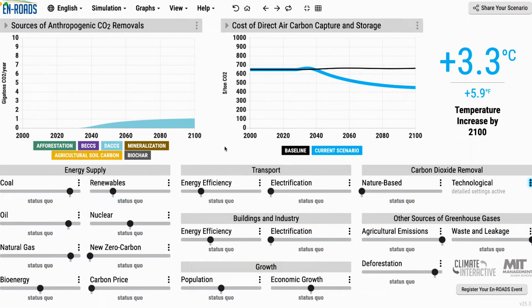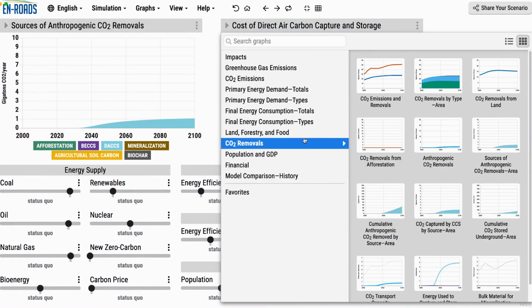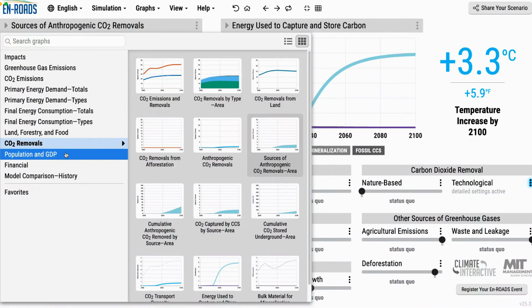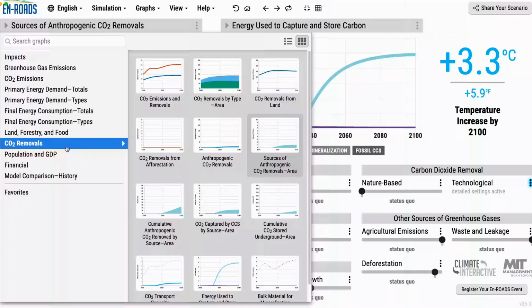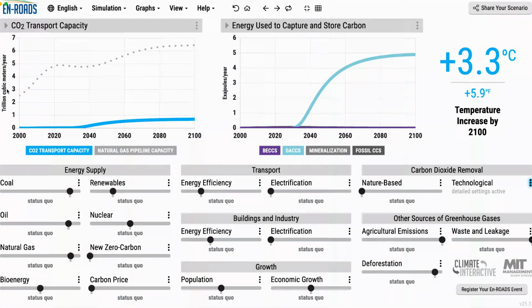Other factors to look at. One of them is the energy used. Under CO2 removals, energy used to capture and store carbon here in exajoules per year. Another one is the necessary transport and pipeline capacity. Here we can see in trillion cubic meters per year how much is needed relative to the global natural gas pipeline capacity.